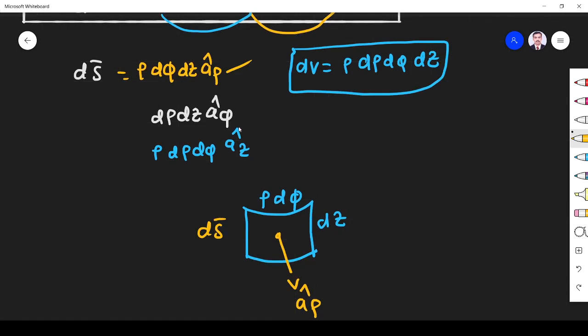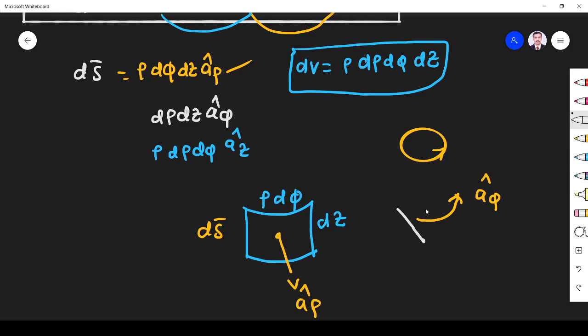Similarly, if you want to find a phi, you can represent it pictorially. A phi means the direction has to rotate, it has to go like a circle. So my direction will be like this, a phi, angular. Rho is from the z-axis to some point.